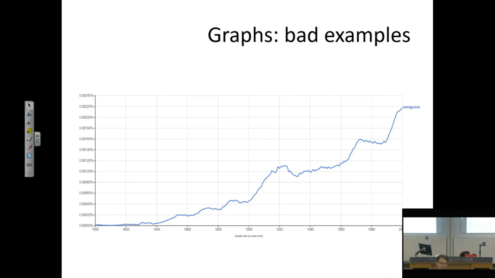We know with Google Books that the sampling frame has changed over the years, right? So when we are talking about scientific text, we get the rise of scientific text later on. So we are not comparing like with like. Also, the word immigrant might be a fairly new word, right? Think back to 1800: what would be the label that people would use for the group of people who travel from one place to another?